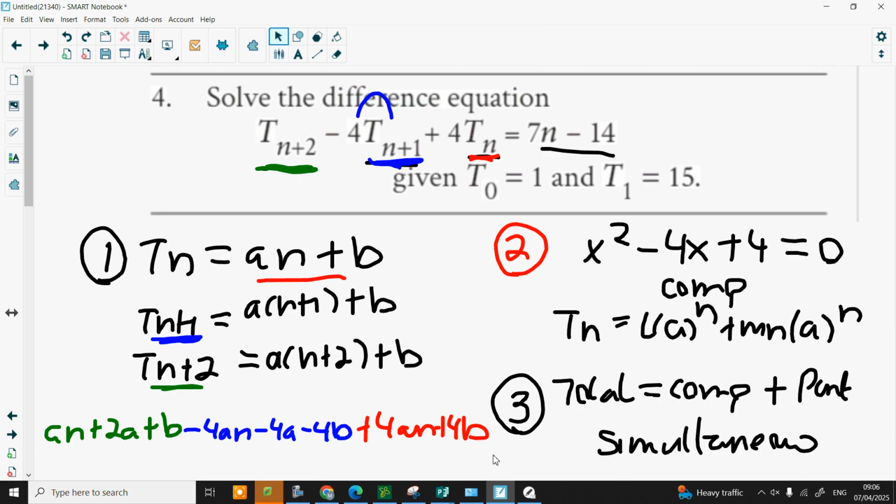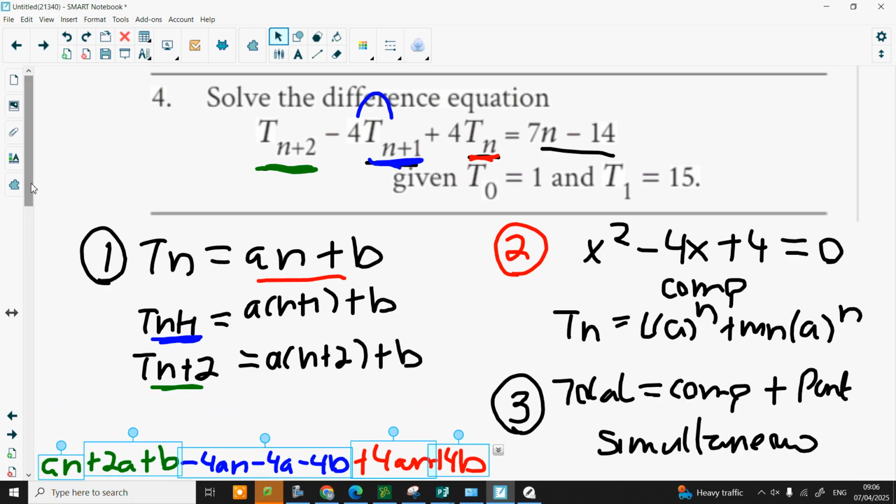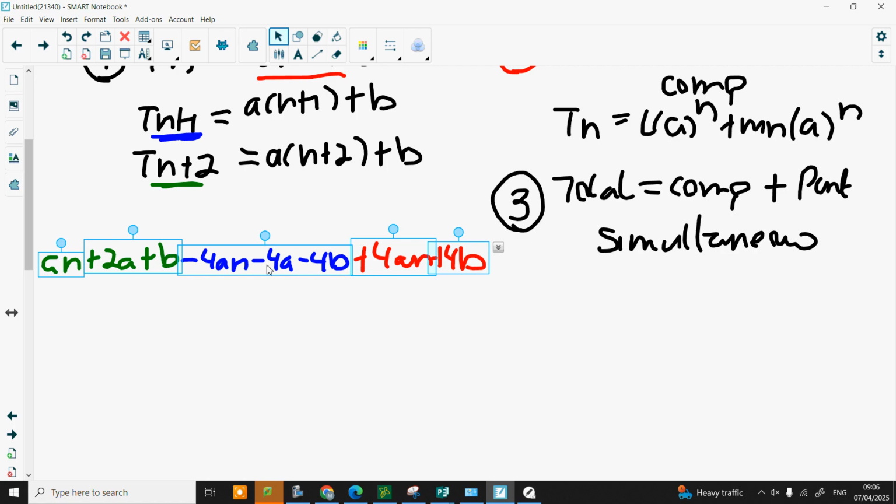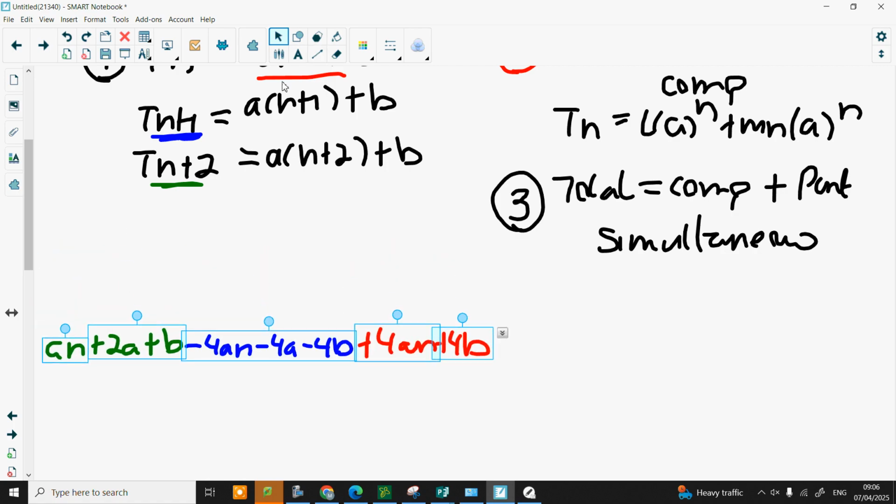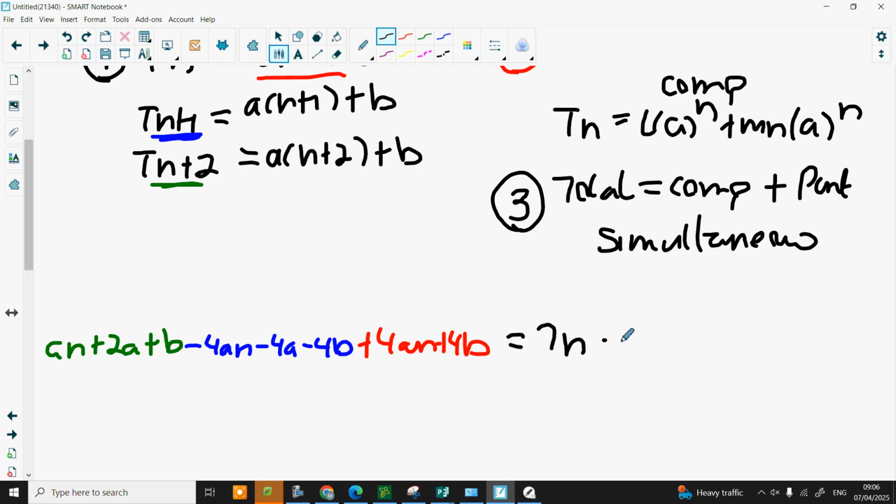Okay, so we have all of that. I'm just going to drag it down here. Now, what we're saying is that it equals 7n minus 14. Okay, so let's roll with this. How many ANs am I looking at here? I think I'm just looking at one, am I?